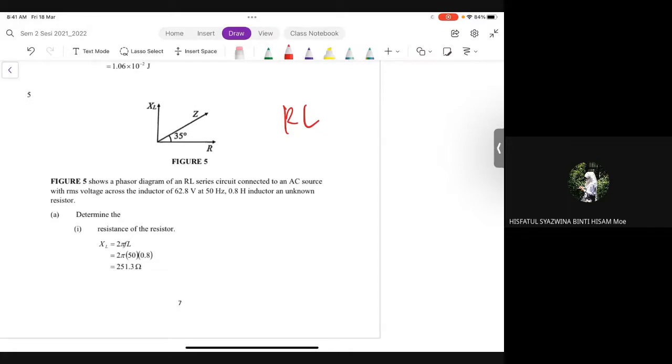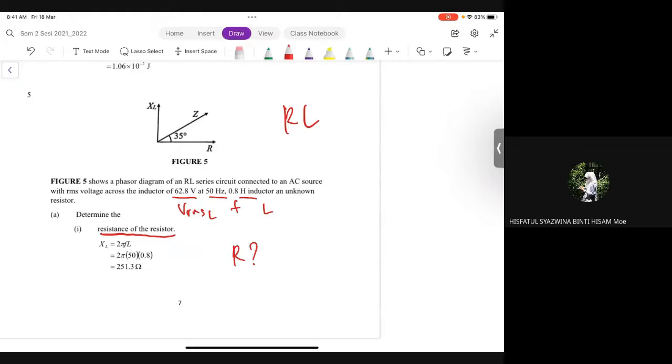Dan dia bagi you adalah AC source with the voltage across V inductor. So ini adalah VRMSL. Yang ini frekuensi, ini L. And unknown resistor. So the first question they ask you to determine resistance of the resistor. So you kena cari R yang pertama.